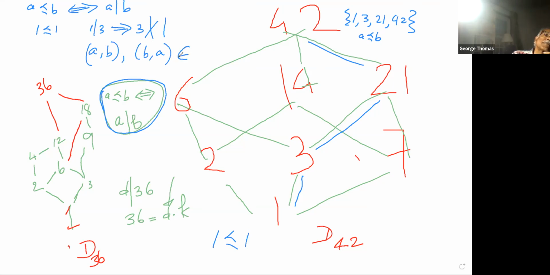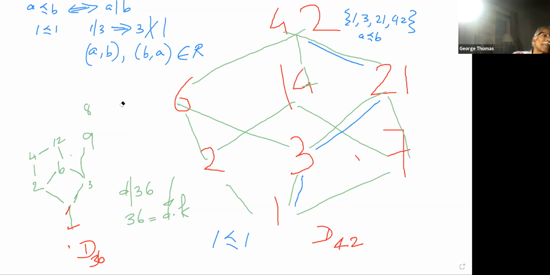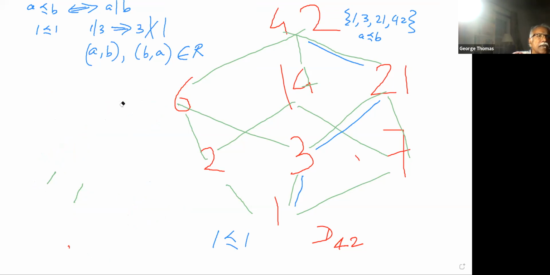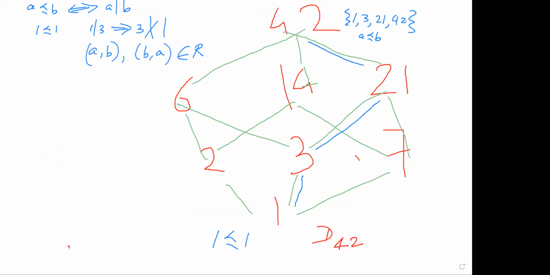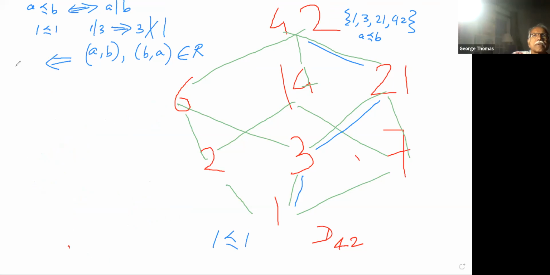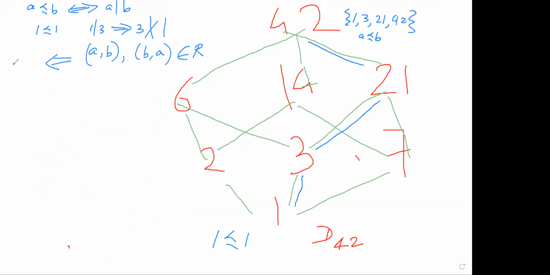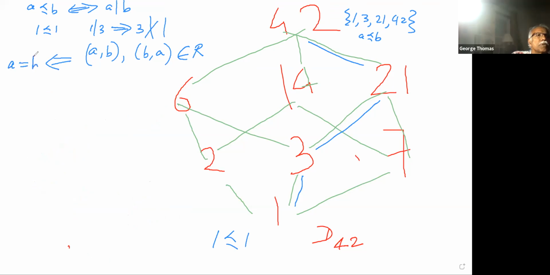Because if both of them are in R, what condition has to be obeyed? Anti-symmetry says what? If AB and BA are in R, then A has to be B.